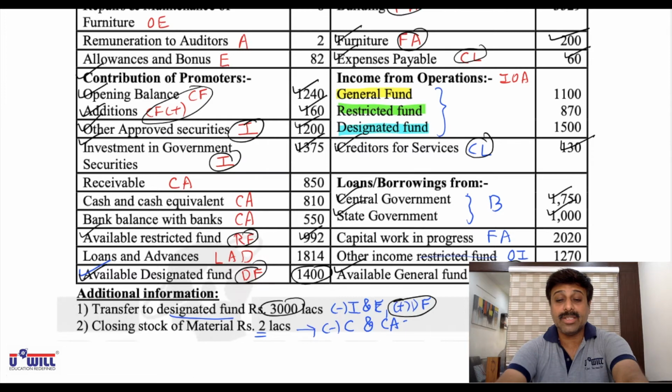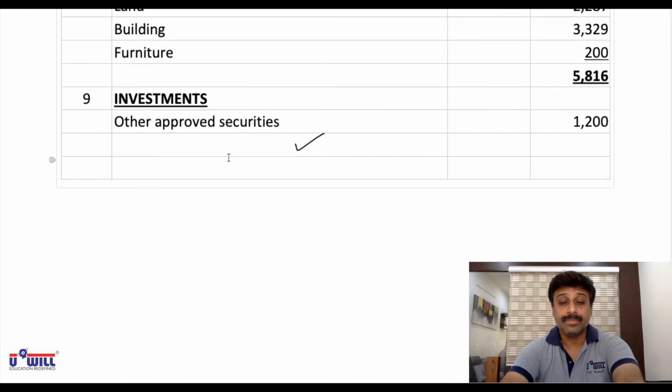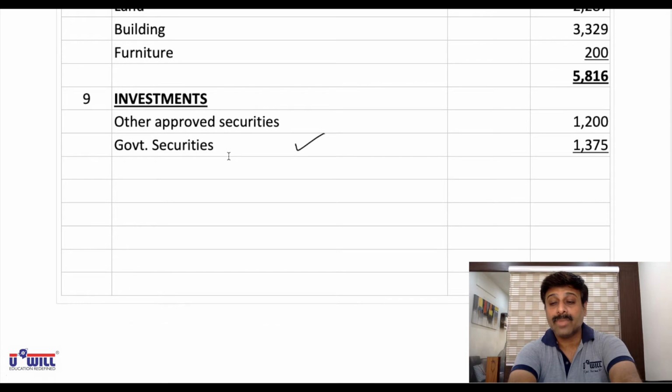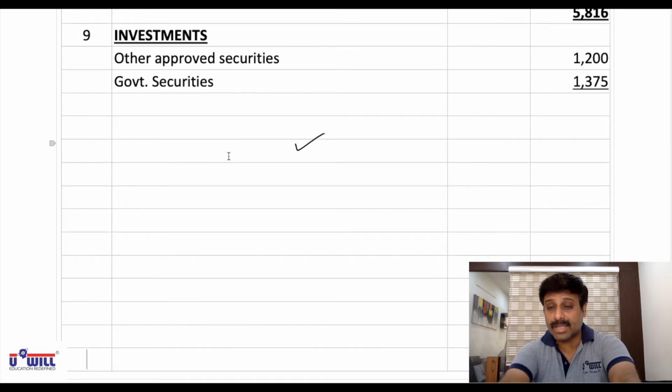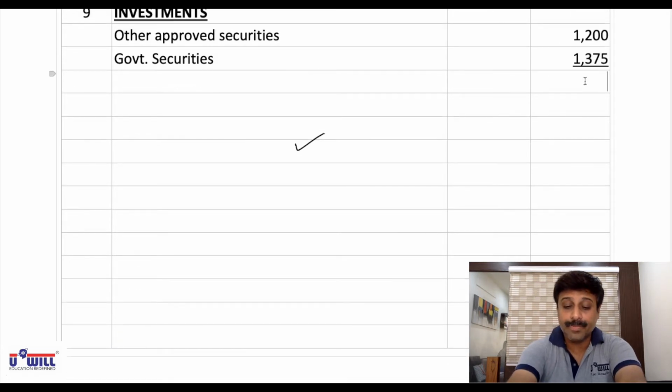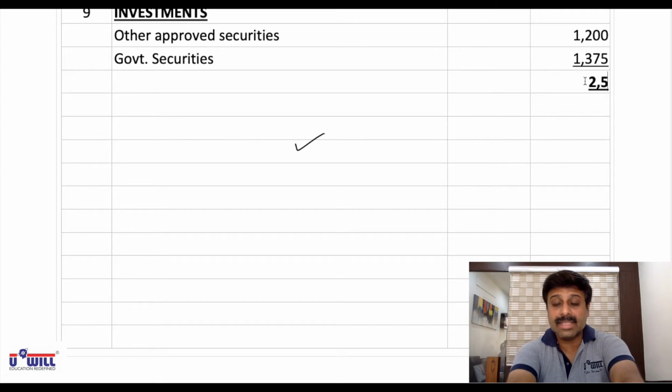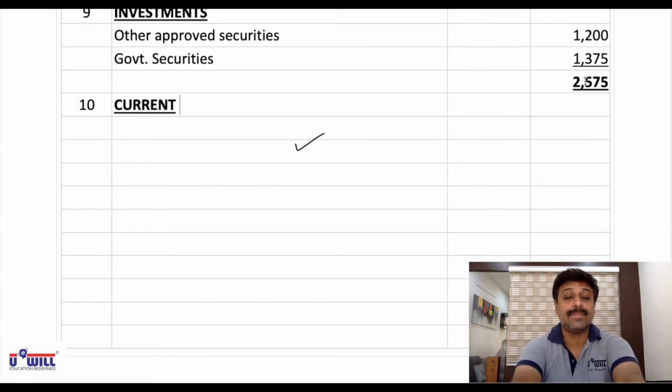Okay, government securities 1375. Only 2 items are there, so now we can do the totals again. 1200 plus 1375, that would be equal to 2575. Then after investments, we'll have current assets, CA marked items.